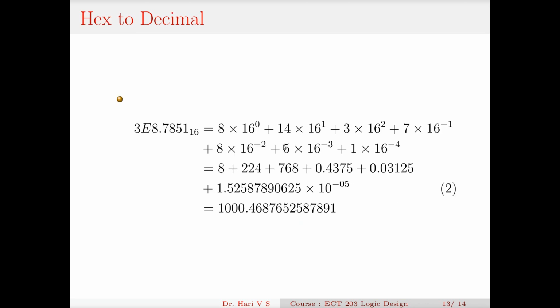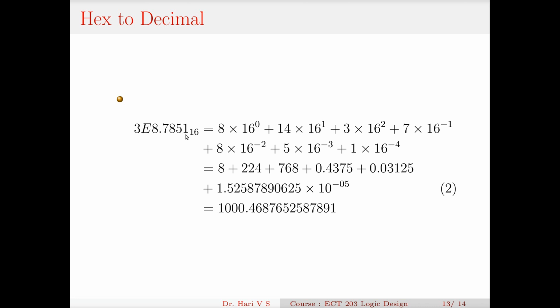And hex to decimal is pretty straightforward. You multiply 8 into 16 raised to 0 plus E, which is 14, into 16 raised to 1 plus 3 into 16 squared. Okay, so that is the integer part. Now the fractional part is 0.7851.